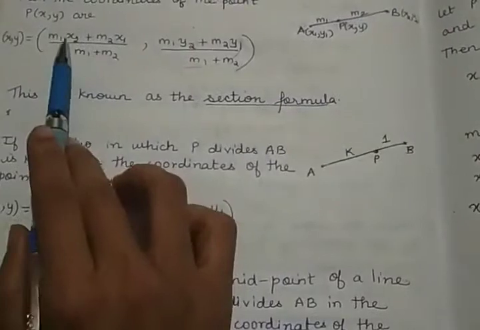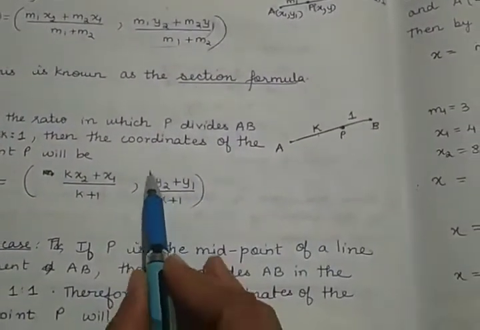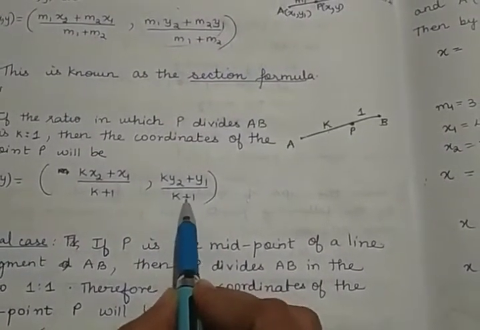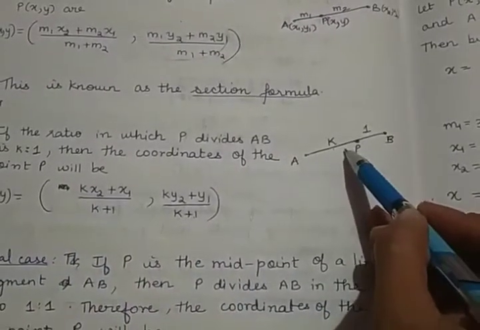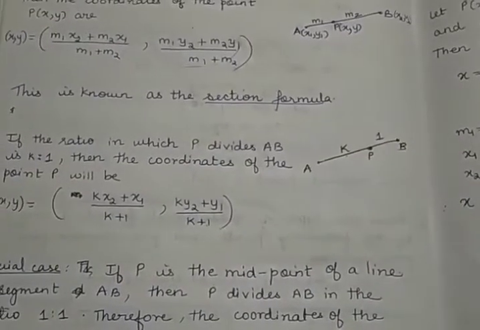Just in place of m1 and m2, you have k and 1. The y coordinate will be (k y2 + y1) upon (k + 1). So this is the section formula if the ratio in which the point divides AB is k:1.